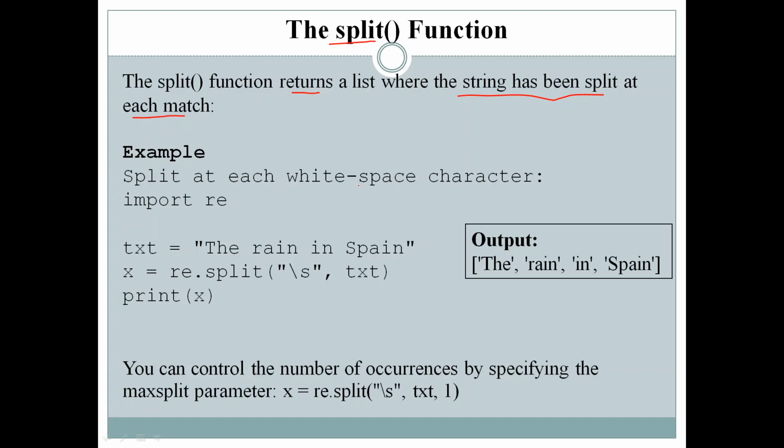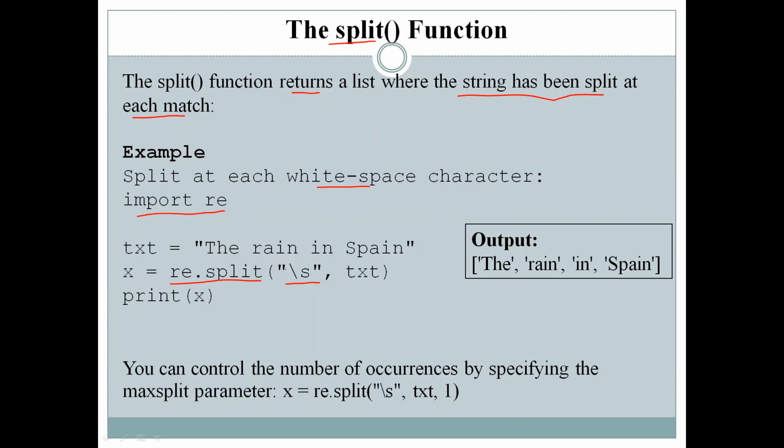Split at each white space character. So we want to split at every white space character. In the program, again import re, text is the same: the rain in Spain. Then we have used re.split, and the pattern we have specified, again \s, means white space, and the method is split.